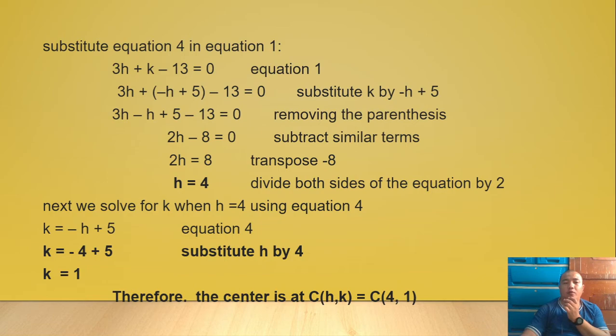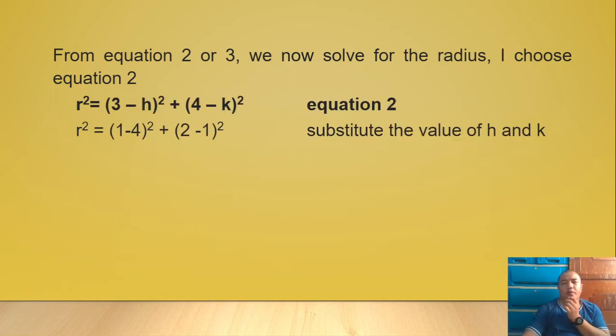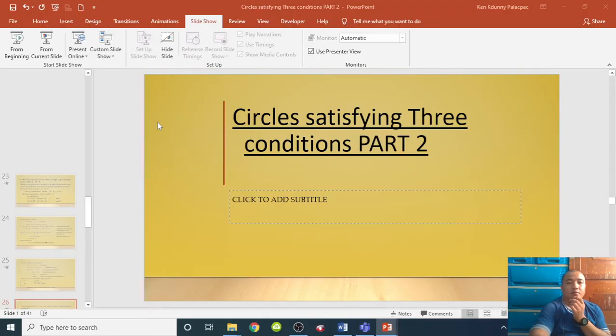H and k is (4, 1). So for equation 3, 3 minus 4, 4 minus 1.